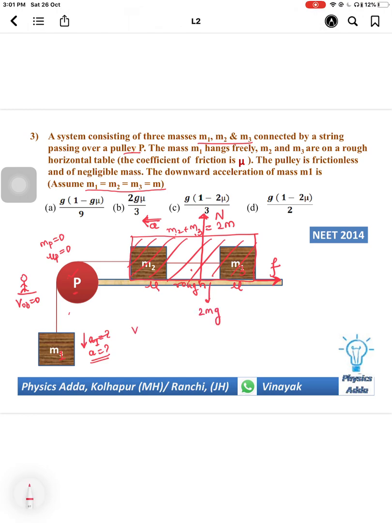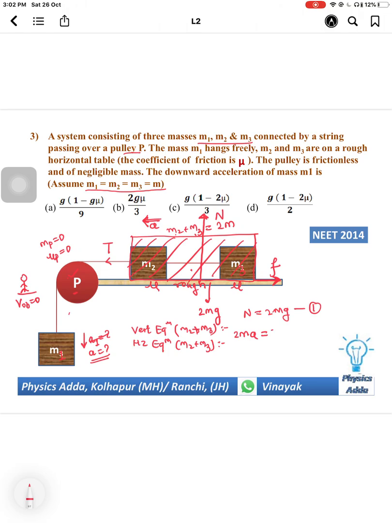So if I am taking vertical equilibrium for M2 plus M3, then it will be N is equal to twice mg. Okay, second, if I am taking horizontal equilibrium for M2 plus M3, I'll get mass, that is twice M into A, is equal to this will be T away from the block, tension T away from the block.